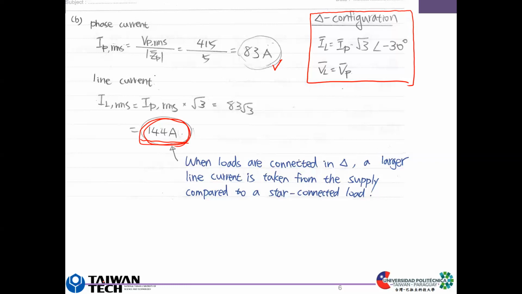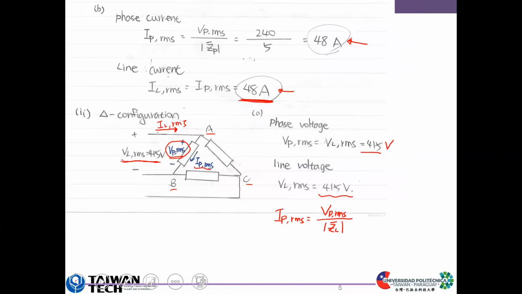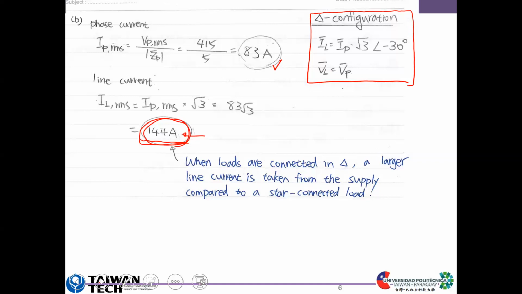If it is in delta configuration, this current will be even bigger and it may damage the circuit. So for a huge three-phase motor, we will use Y configuration first because it generates a smaller line current. Then when it runs in steady state, we switch back to the delta configuration. For large motors, this is what people usually do.